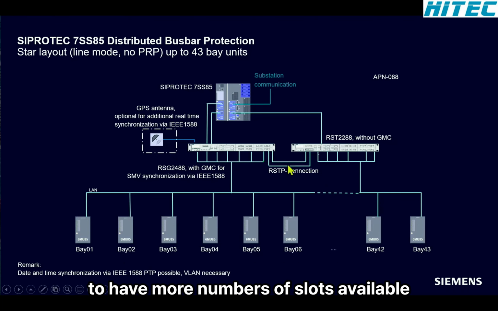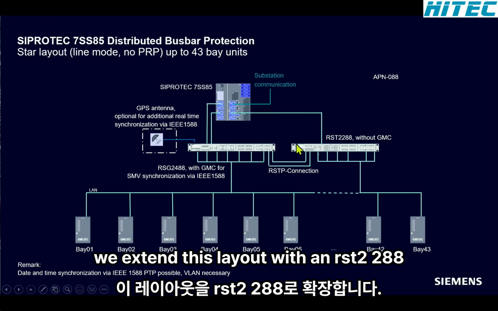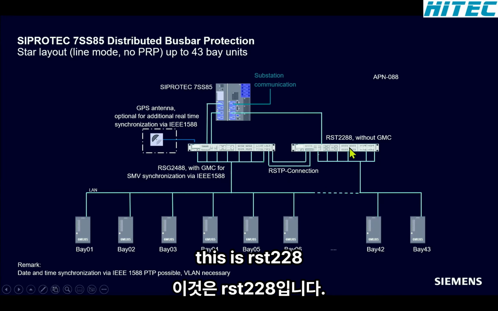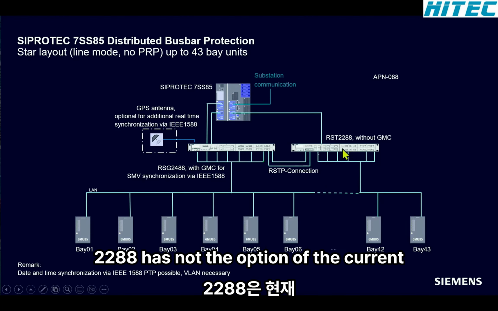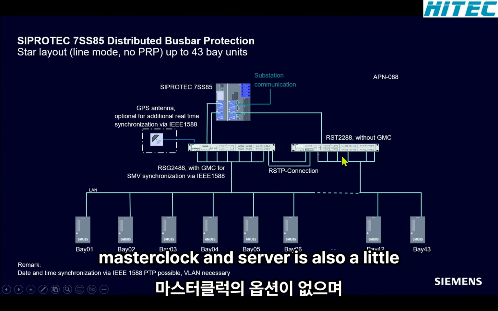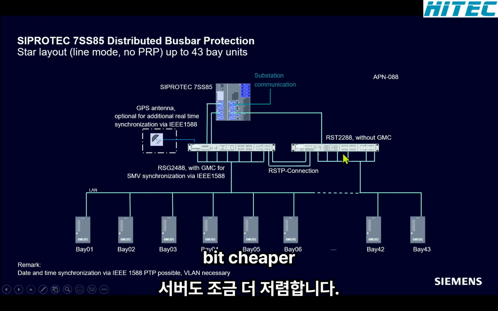To have more numbers of slots available, we extend this layout with an RST2288. This RST2288 has not the option of a grandmaster clock, and therefore is also a little bit cheaper.